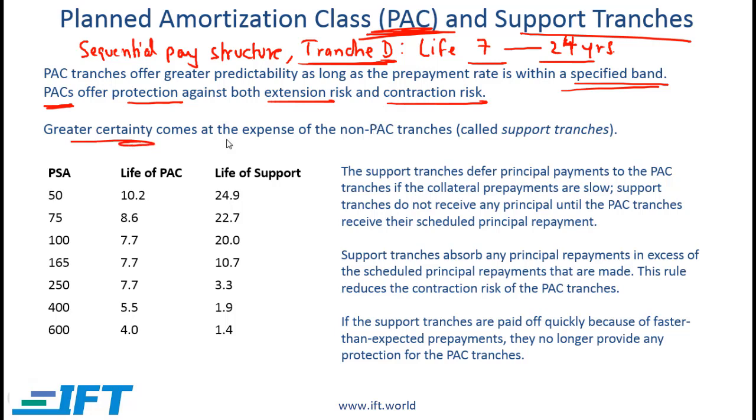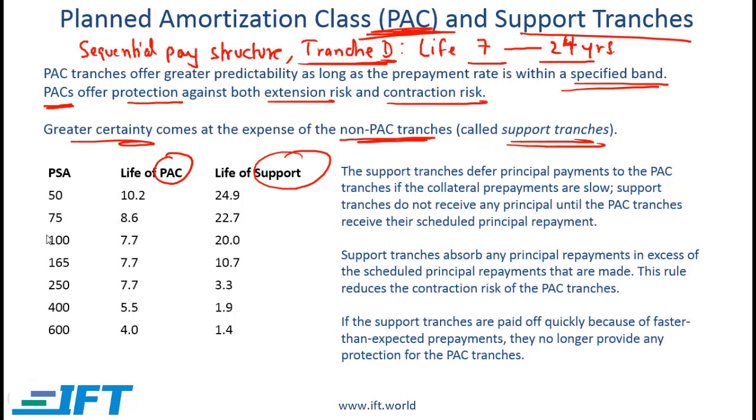The greater certainty here in terms of the life of a PAC tranche comes at the expense of non-PAC tranches, which are also called support tranches. In many PAC structures, there can be multiple PAC tranches and multiple support tranches, but in this rather simple explanation, we will look at a structure with one PAC tranche and one support tranche.